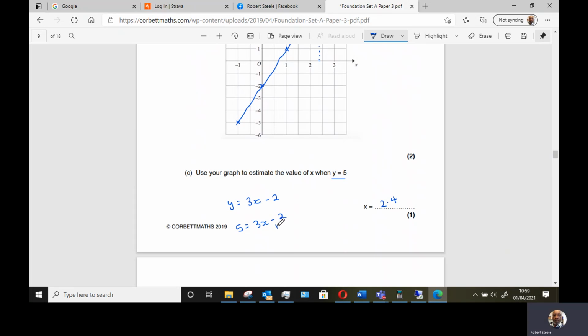So for you to add 2 to both sides of this equation, you get that 7 equals 3x, or 3x equals 7, if you now want to switch the sides around, which is perfectly valid. Things either side of an equal sign can change places. And then divide by 3, you'll get the x.